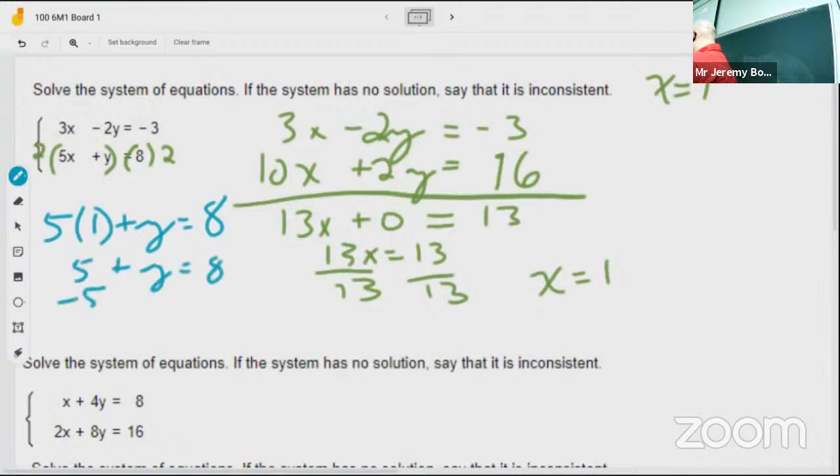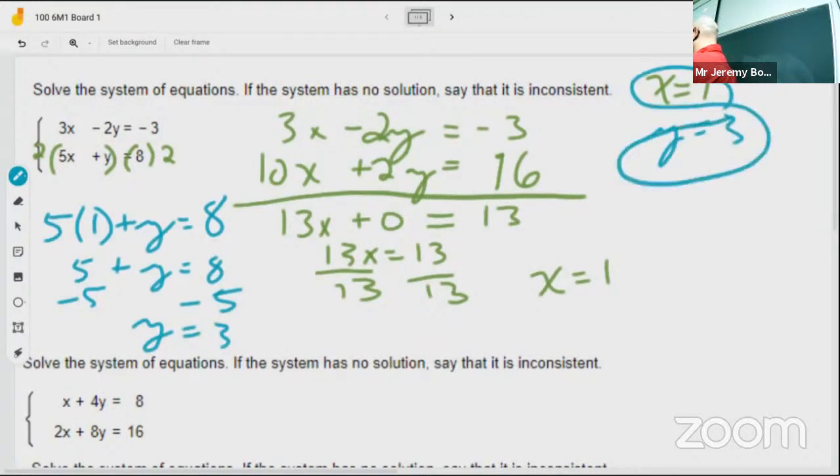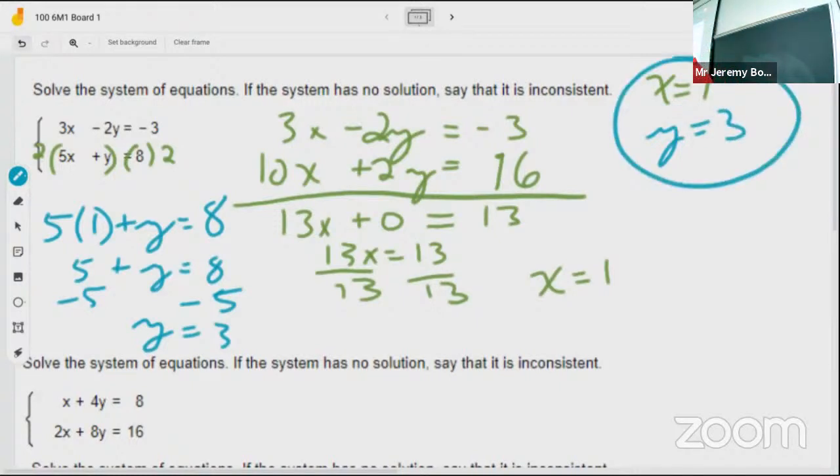Subtract 5 from both sides, and y is going to equal 3. So just circle the whole thing. Your solution. So that means they intersect at the point (1, 3). Any questions on that? All right.